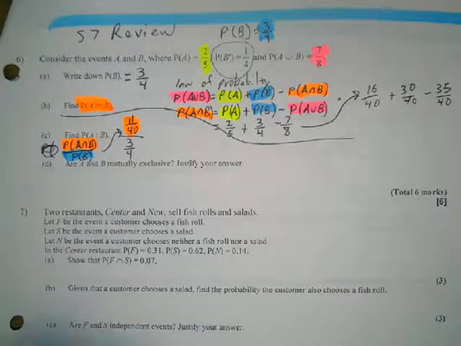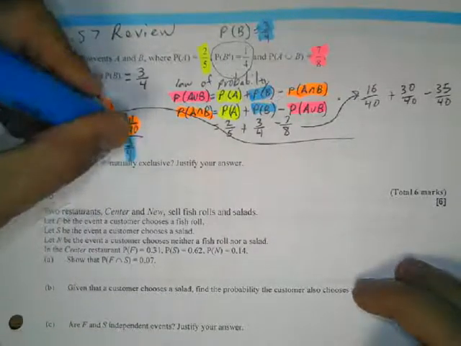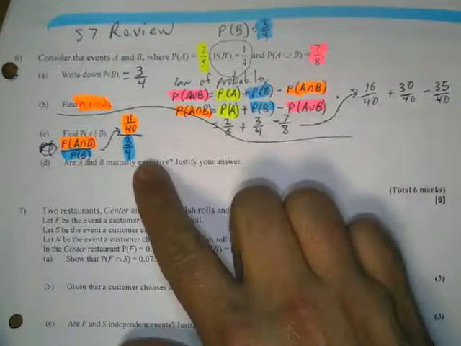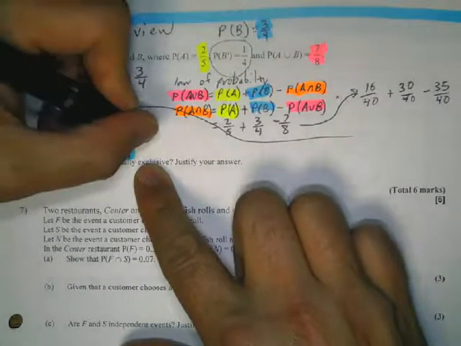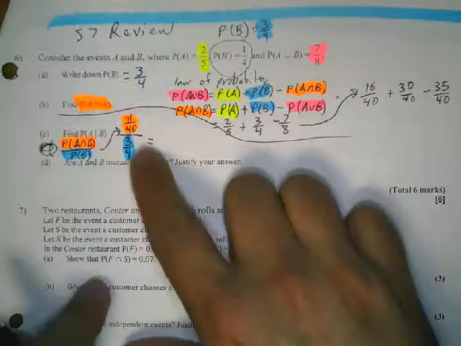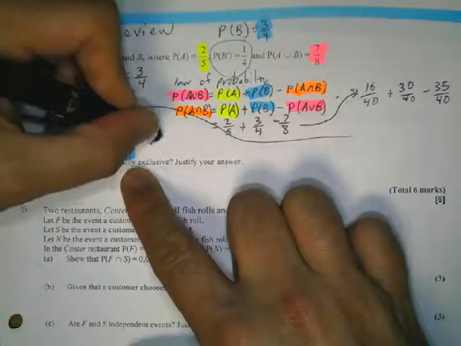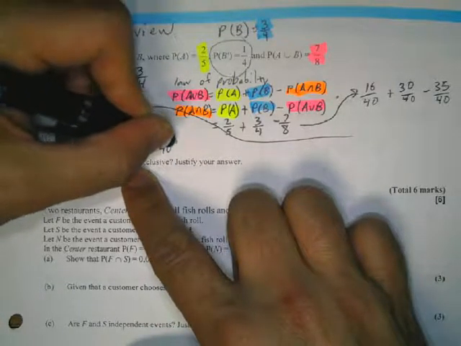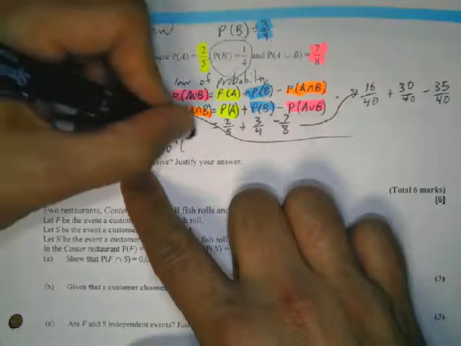And so we've got a fraction divided by a fraction. So we can change this into multiplication if we take the reciprocal of the second fraction. So we have 11 over 40 times 4 over 3.